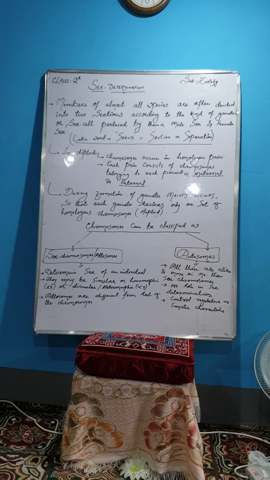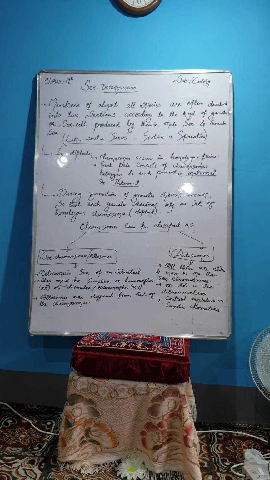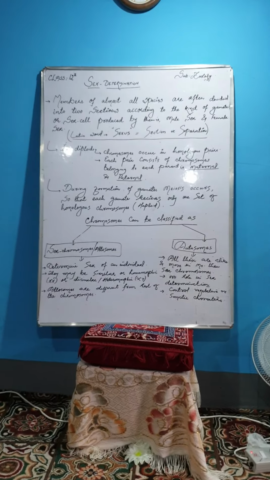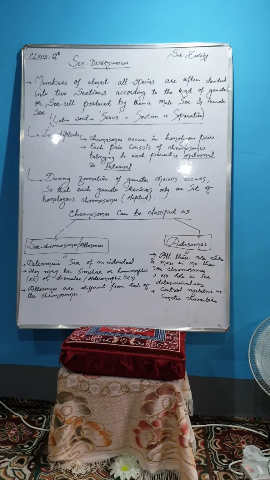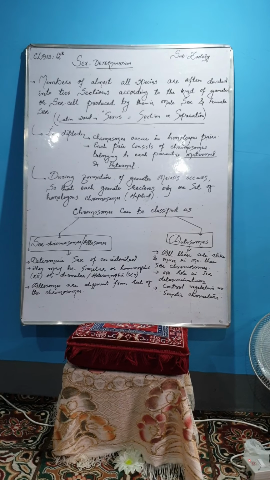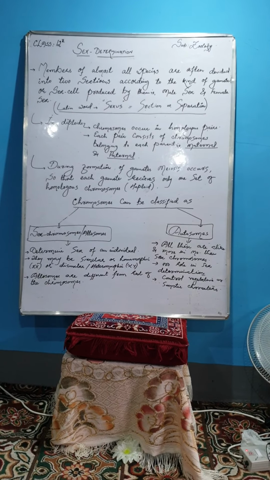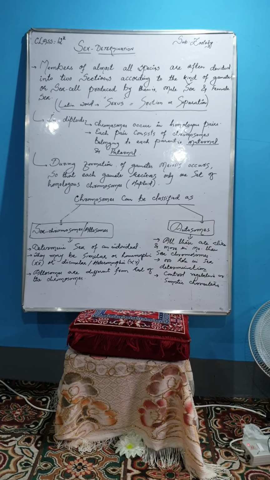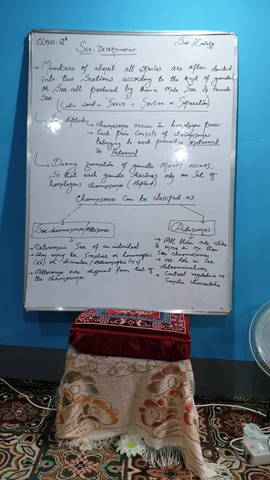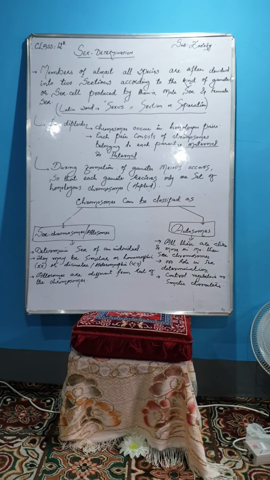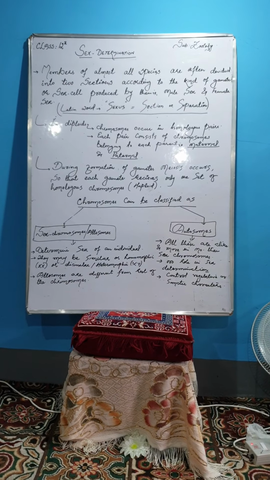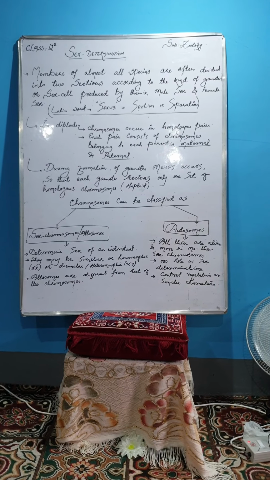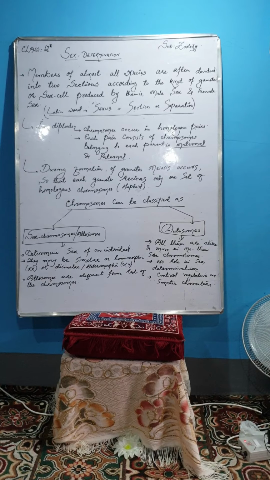The gametes receive only half the number of chromosomes present in the parental cell. Those organisms which possess a complete set of chromosomes we call diploids. When an entity bears only half the number of chromosomes, we term that entity haploid. So you should remember that gametes are always haploid.